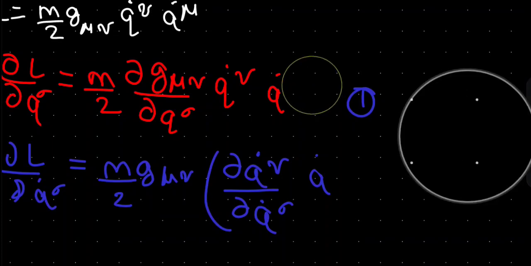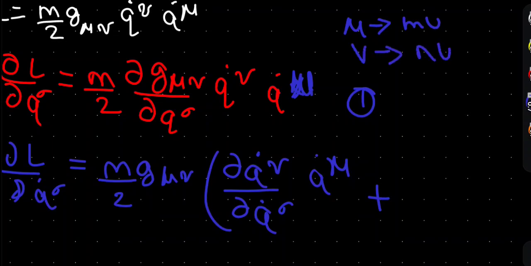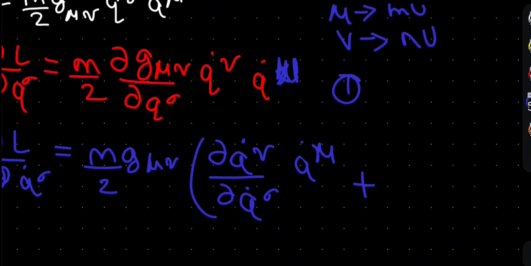The mu and the nu look like very similar quantities. Here it should be mu. Then plus we take the derivative with respect to q dot sigma of this particular q dot μ. Remember, this is mu, and this one is nu. Then this q dot ν looks like a constant.